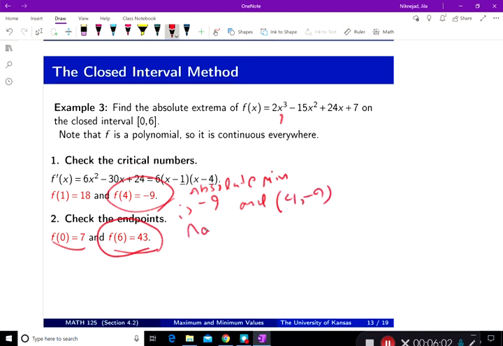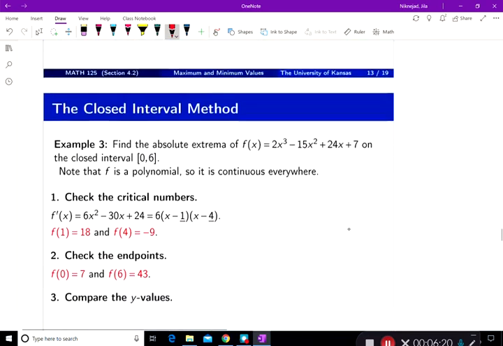The absolute max is 43, and the point is 6 and 43.